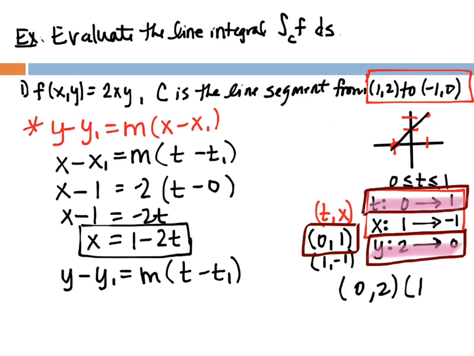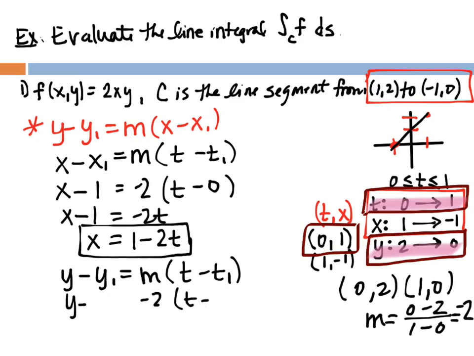All right, so 0, 2, and 1, 0. And we can find this slope, same as we did before. I can do 0 minus 2 over 1 minus 0, or some variation of that, and I end up getting a slope of what? It's negative 2 again. All right, so my slope over here is negative 2.